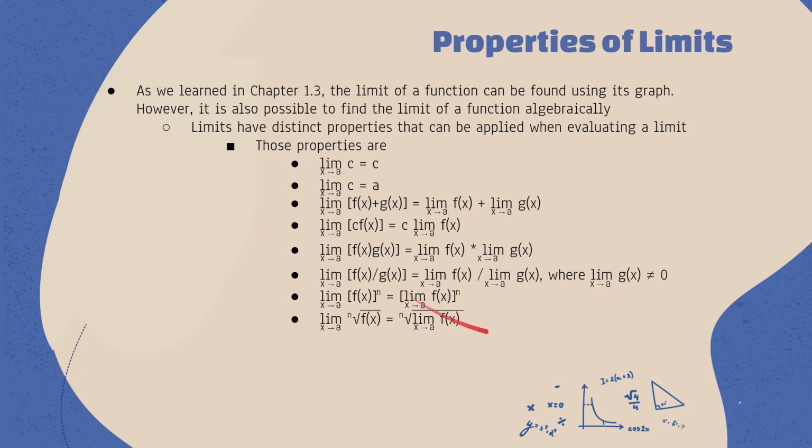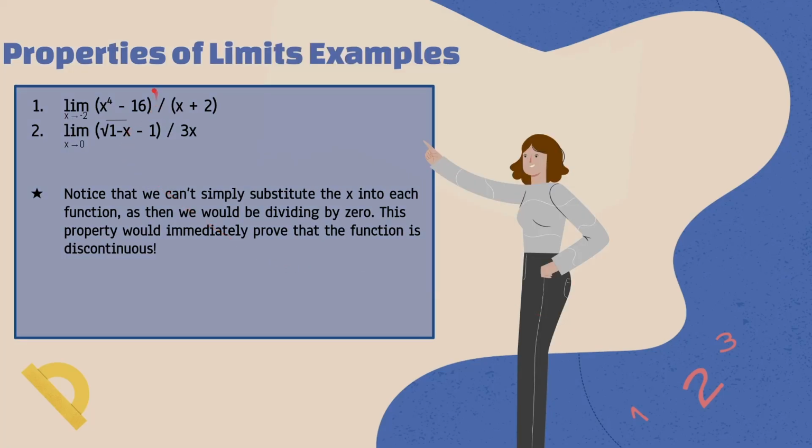And for that reason, I've decided to have these two little examples here. Notice that last class, we learned that if you find the limit of a continuous function, that limit would equal the substitution for x into f of x. So here, if our function was x to the power 4 minus 16 divided by x plus 2, we could try to substitute negative 2 into the equation.